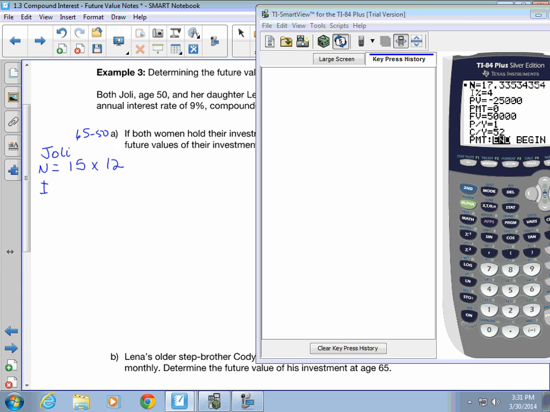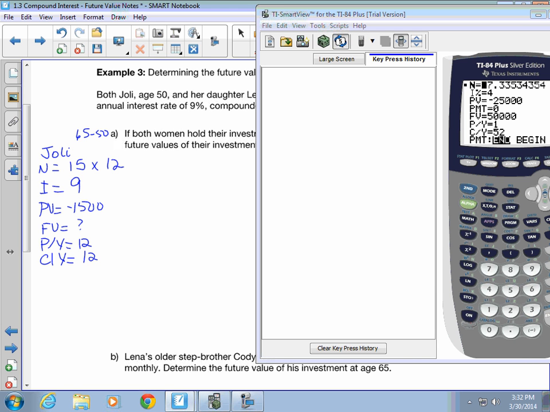Our interest that she's earning is 9%. Her present value, she has invested $1,500. Future value is what we want to find out. Our payments per year then, because she's being paid 12 times, it's monthly for this one. So her payments per year is 12, and her compounds per year, the interest is being compounded 12 times.